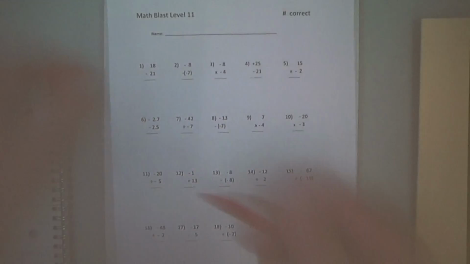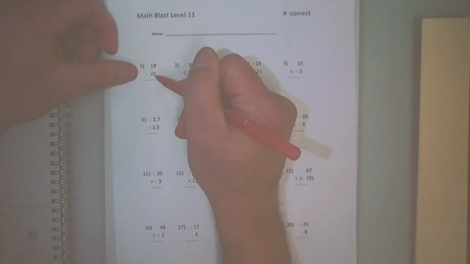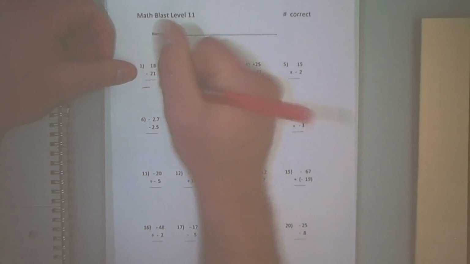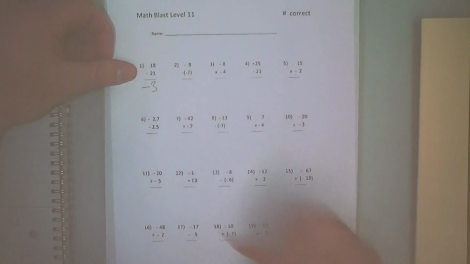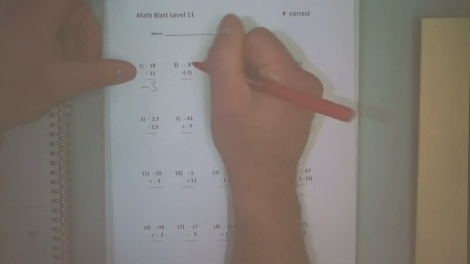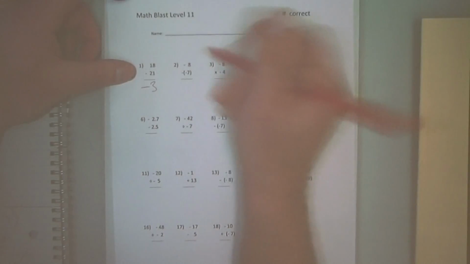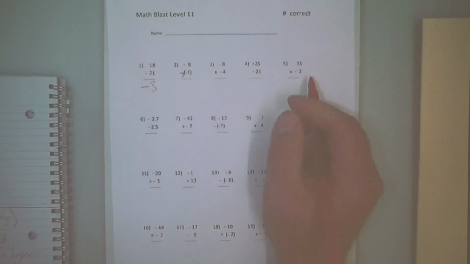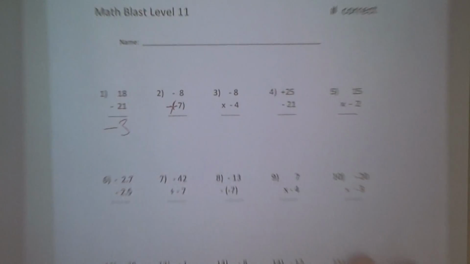Okay? So, 18 minus 21. The bigger sign is a negative. They're different signs, so I subtract and get 3. 21 minus 18 is 3. Negative 8 minus a negative 7 turns to plus 7. Let me zoom in on that, by the way.